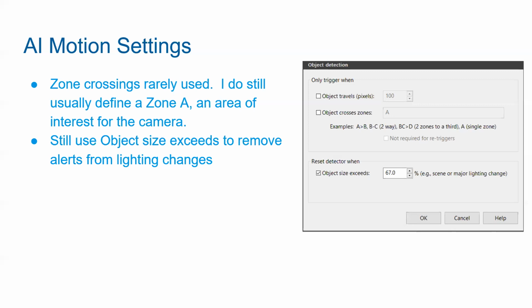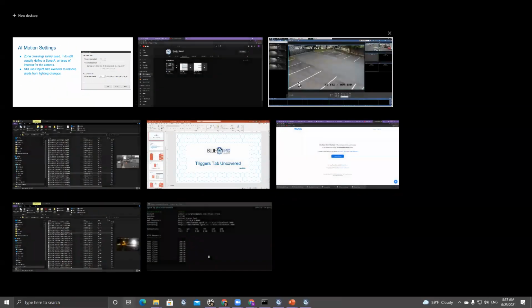And object crosses zones, I still have zone A, the area of interest, because I don't want to tax my GPU. AI and inferences are very CPU/GPU intensive, so you don't want to waste resources, and you want to make sure there are resources available for other cameras, right? So I definitely have my zones.